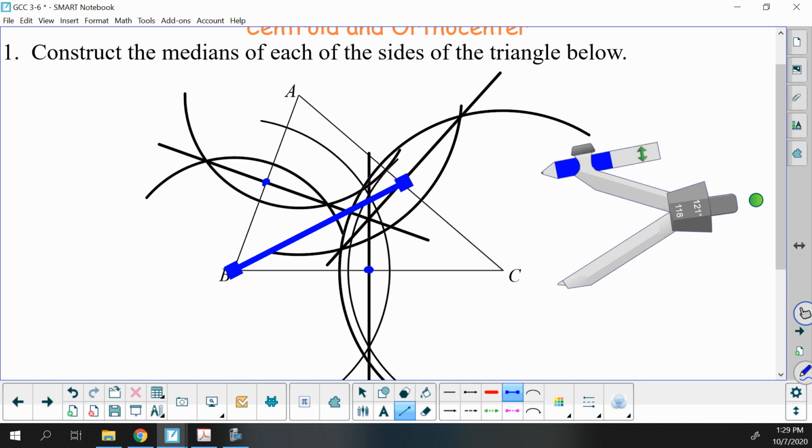There's my median from B. There's my median from A. And there's my median from C. Notice they all meet at a point. They're all meeting right here. So that is considered the point of concurrency for the medians.